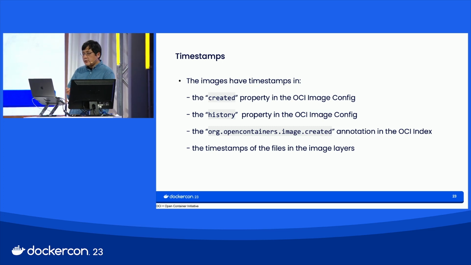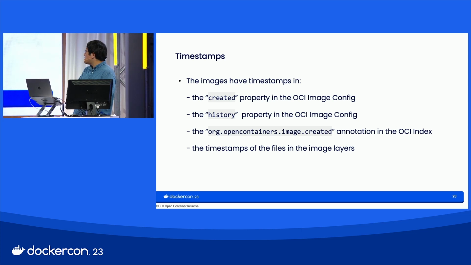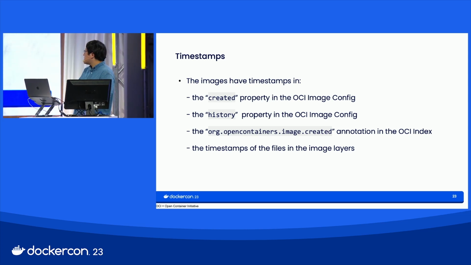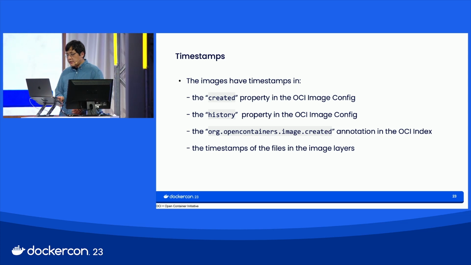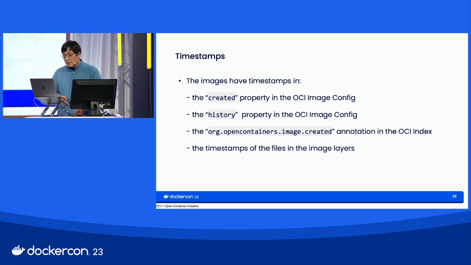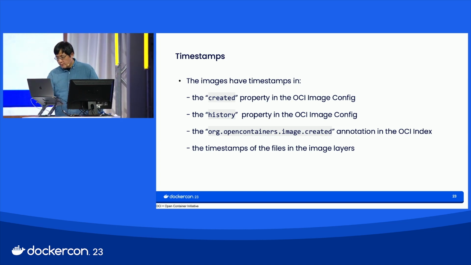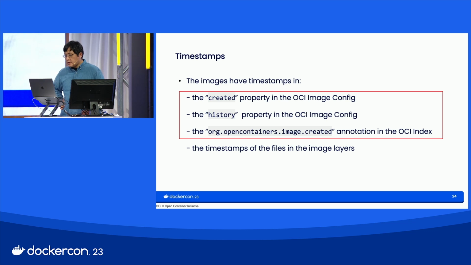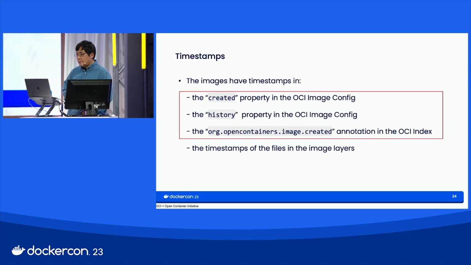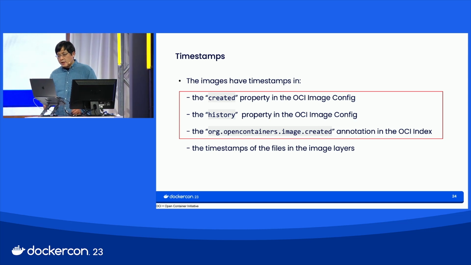We also have the org.opencontainers.image.created annotation in the image index. And we have the timestamps of the files in the image layers, of course. So we have to reproduce both OCI metadata and image layers. But let's take a look at the metadata first.